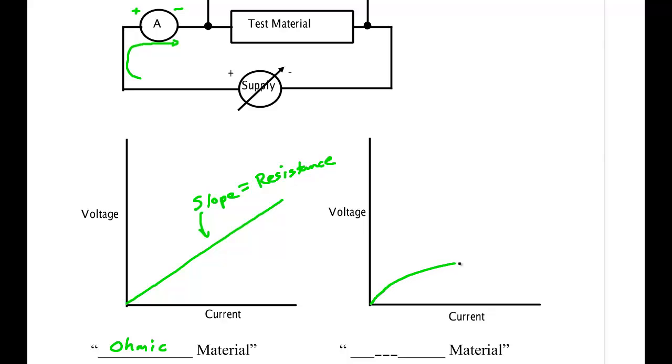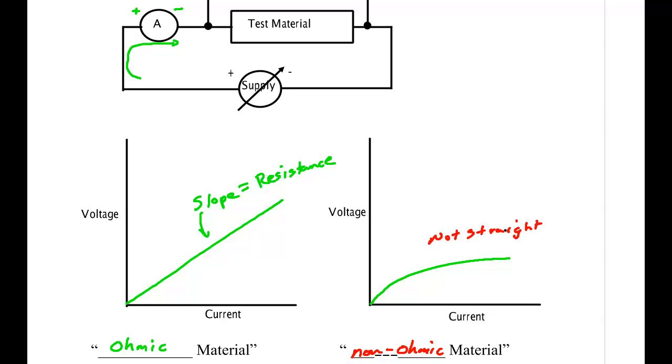Some materials, for instance, might look like this. Other materials, in fact, can actually go up and even have negative slopes. They can have all sorts of interesting things. This is said to be non-ohmic, simply meaning it's not a straight line.